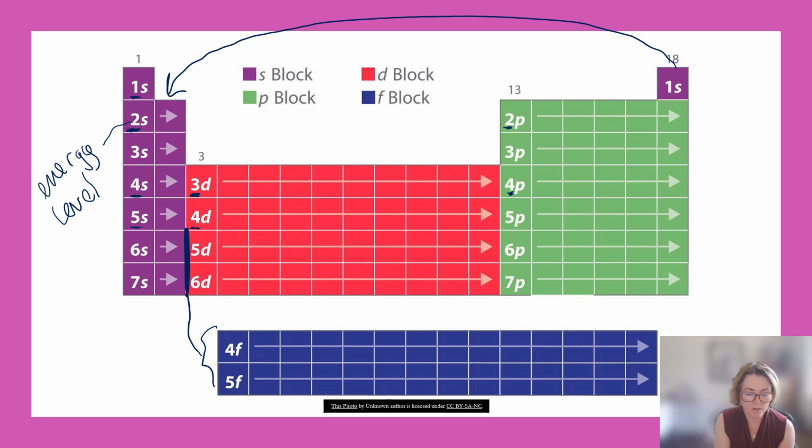As I'm going across period 6, S is 6, but F is actually 4. So for the F block, they are 2 previous energy levels before the period that you're actually in, if that makes sense. But again, we're not really going to deal much with those F block elements. And I promise, as we start to practice with these, I will do some D block elements so that you can see exactly how to go about filling that up.